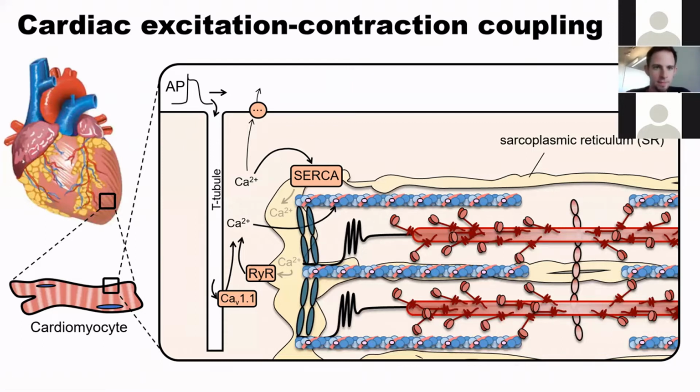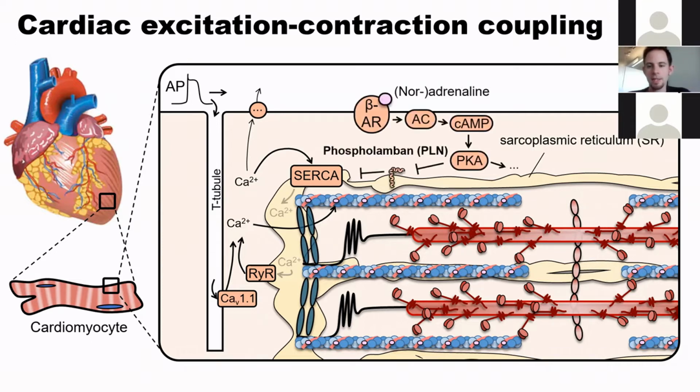Our heart also needs to be able to adapt to different levels of demand in different physiological situations. For instance, when you're in a stressful situation, your heart needs to pump faster, it needs to pump stronger, but it also needs to be able to relax faster. One of the most important signaling pathways to regulate heart function on short timescales is called the beta-adrenergic signaling cascade.